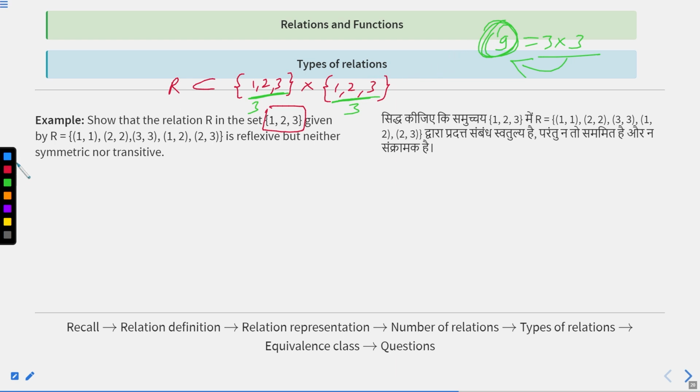Your R is given like this. Is your R reflexive?